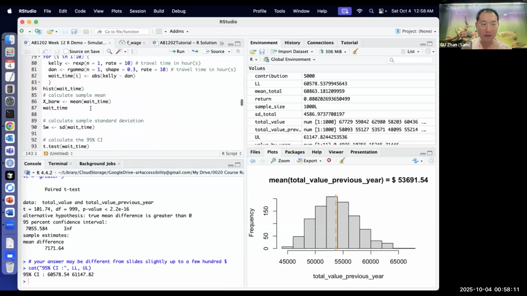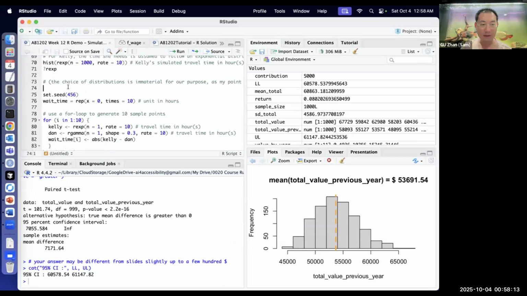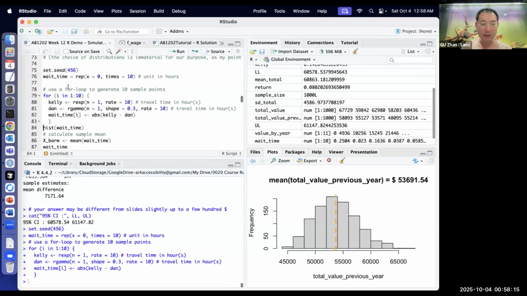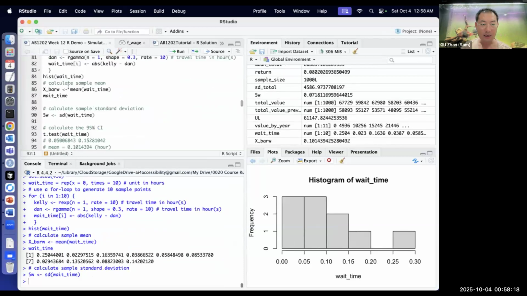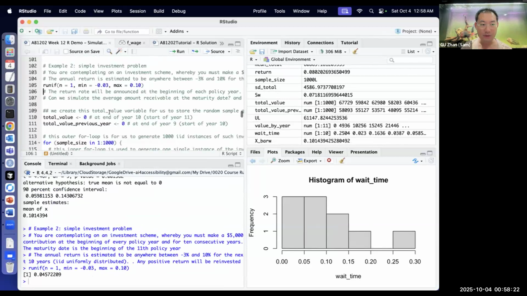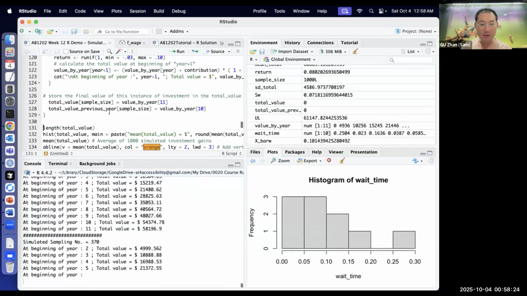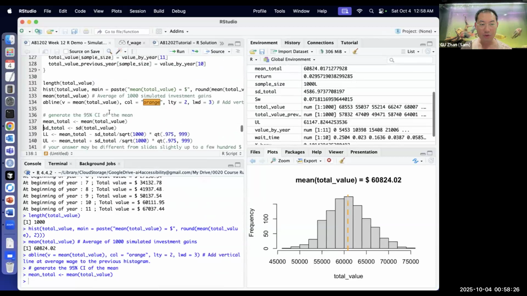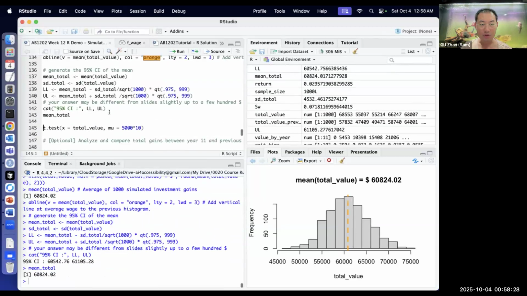Set seed, yeah, set seed, oh, this is waiting time. Then after that, same example two, the slide did not mention which random seed to use. It didn't mention.